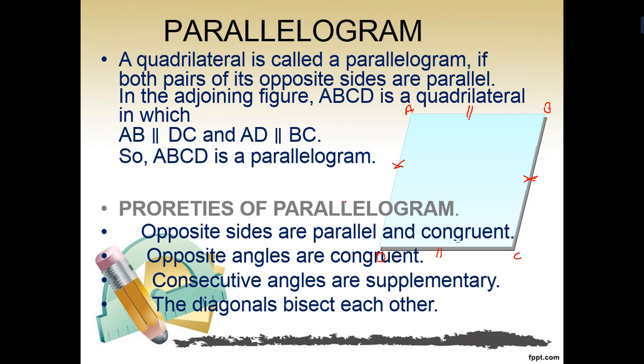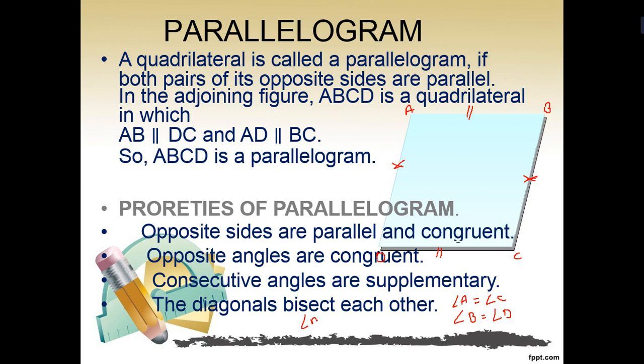Now properties of parallelogram. Opposite sides are parallel and congruent. Here AB is equal to CD. Opposite angles are congruent. So angle A with angle C, angle B with angle D. Consecutive angles are supplementary.